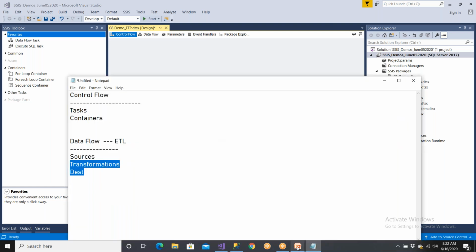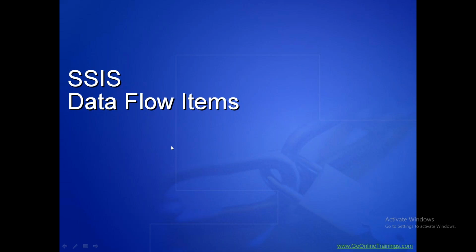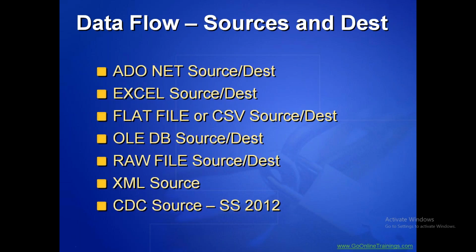Now, let me discuss this. Data flow sources and destinations. We have ADO.NET source and destination. We have Excel source and destination. We have a flat file source, also called a CSV source, or destination. We have OLEDB source and destinations. We have raw file sources and destinations.